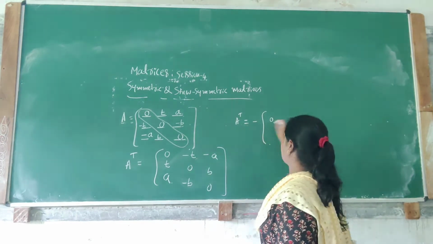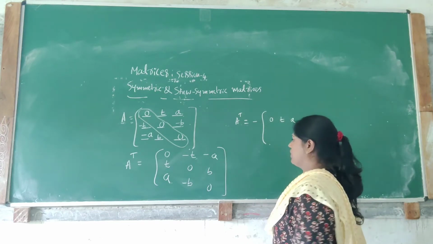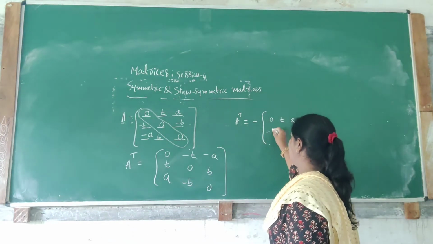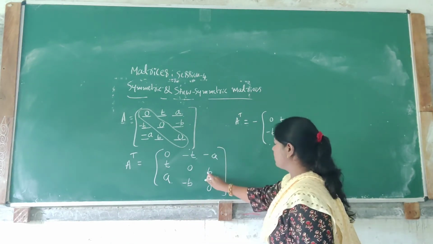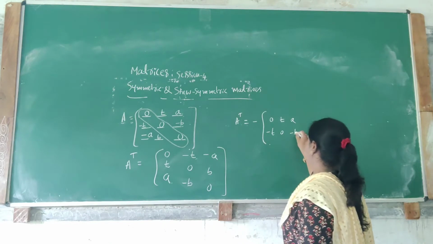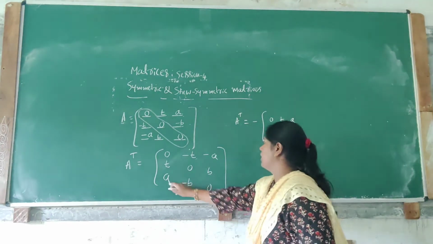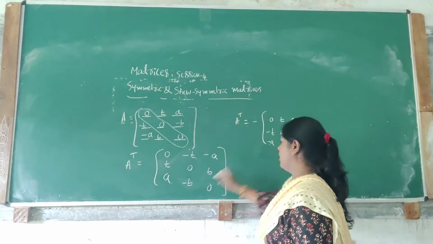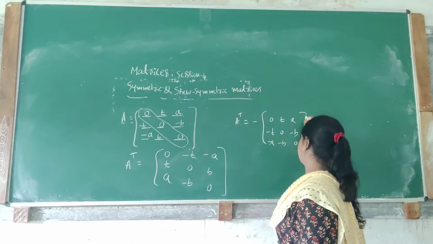So minus A will become plus A, minus T will become plus T, this 0 is 0 only. Minus B becomes plus B, A becomes minus A, B becomes minus B, 0, 0.